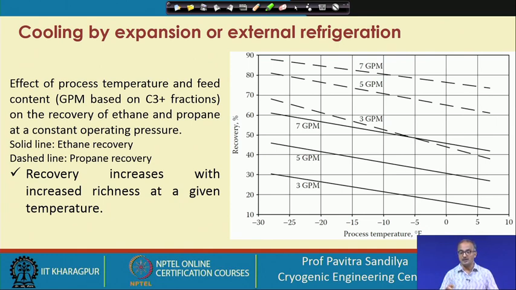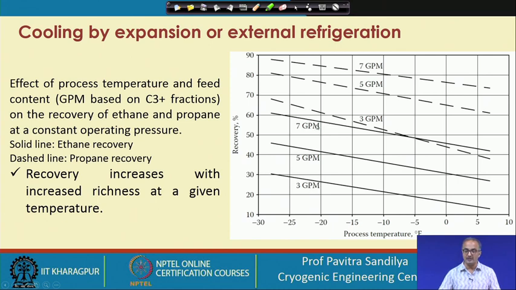As we increase the process temperature for a given feed content of the higher hydrocarbons, these components are going more into the vapor, so we are getting less and less recovery in the liquid. Whether we talk of propane or ethane, recovery is decreasing with temperature for a given feed content.